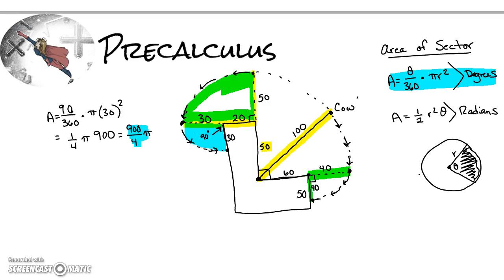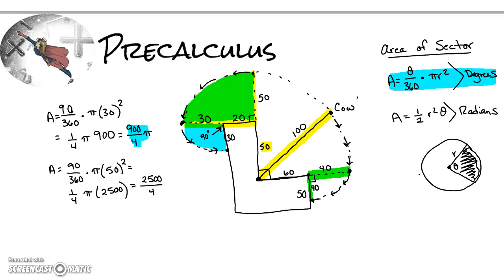This part right in here has another angle of 90, but now it has a radius of 50. So the next area is going to still be 90 out of 360 times pi and then times 50 squared. So that is 1/4 pi times 2500. This does reduce, but I'm just going to leave it like this. That way everything will be over 4 at the end and we can add it all up pretty easily.